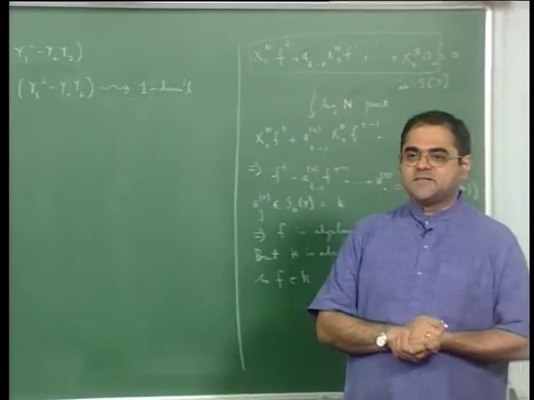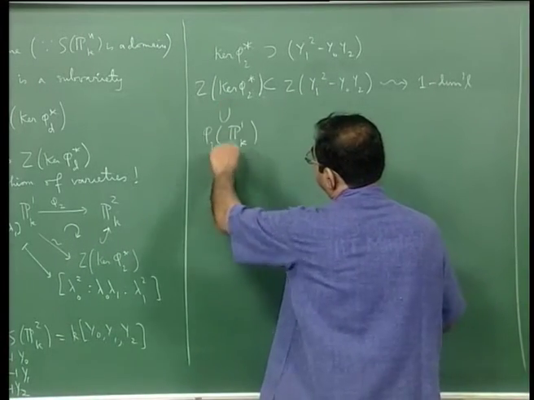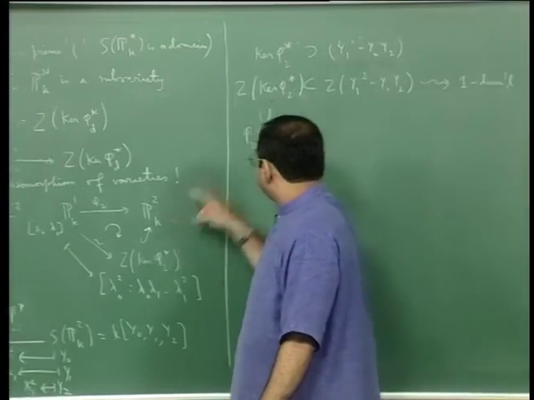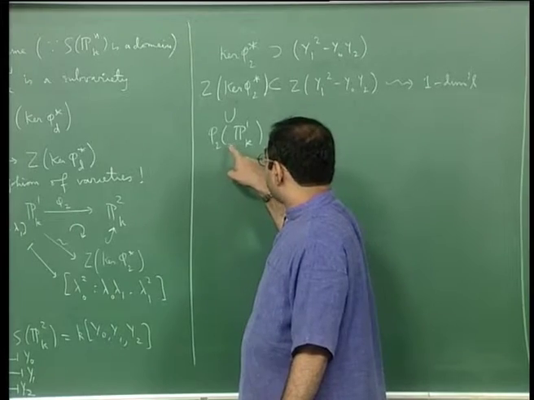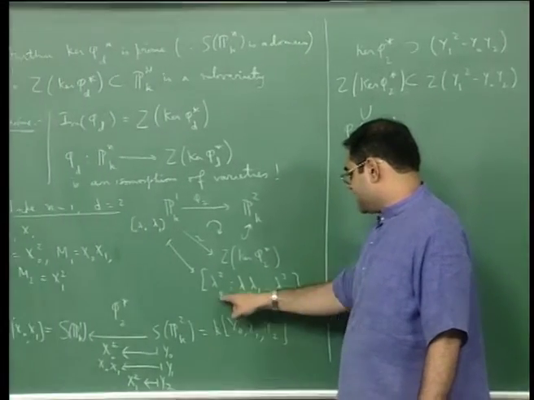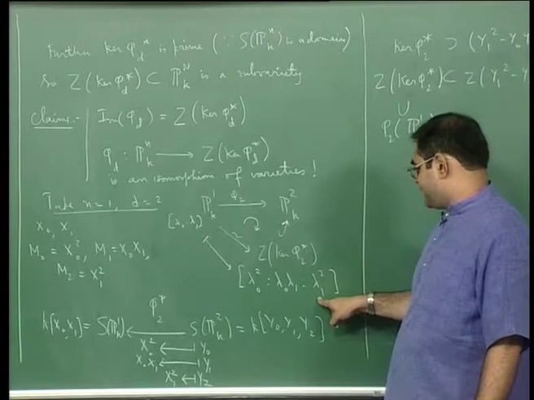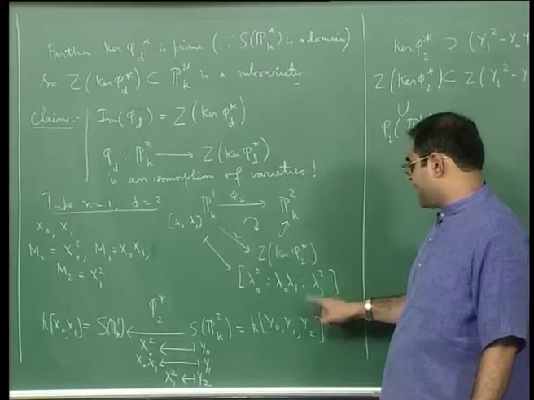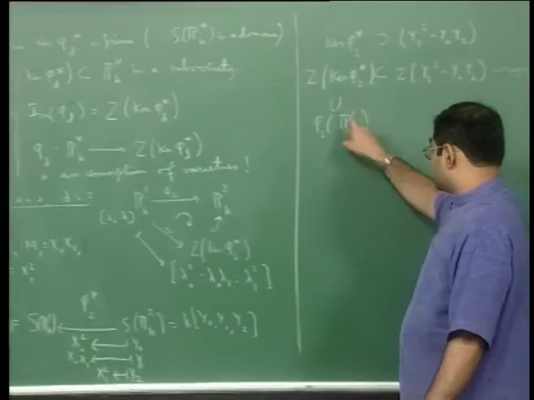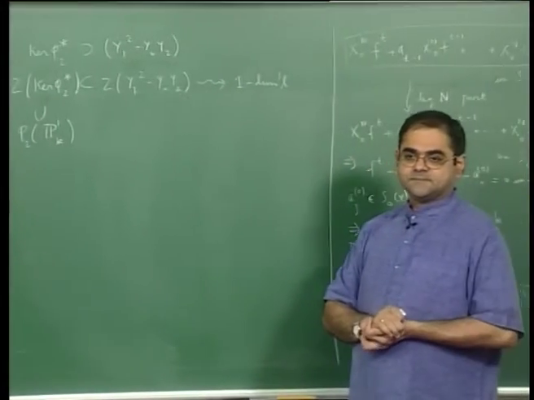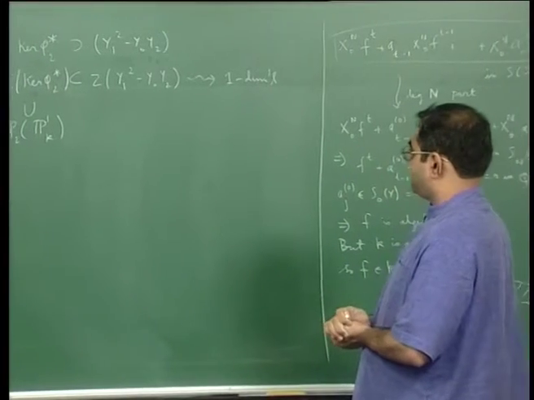By definition it contains phi2 of p1 because you take any point in phi2 of p1, it is of this form, and the way we have defined phi 2 star will tell you that this is contained inside this. I think that is probably pretty easy to see.